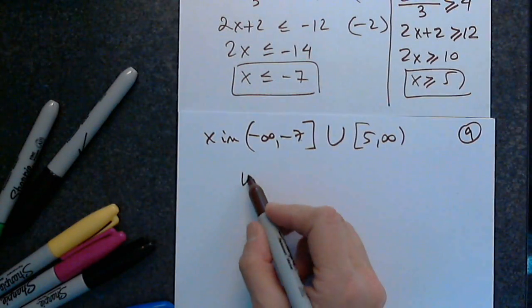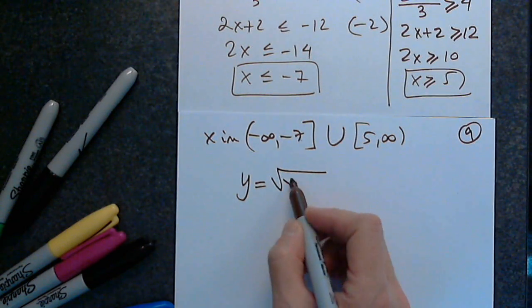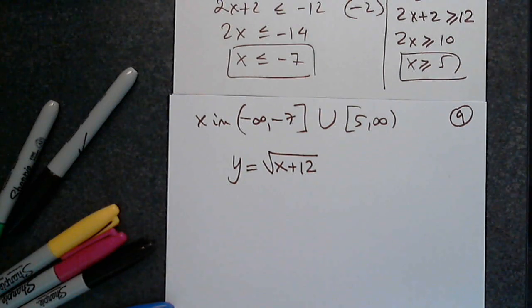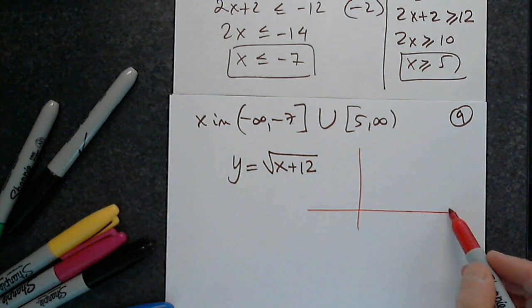We have an equation, y equals the square root of x plus 12. We're asked to determine whether the following equation defines y as a function of x. One option would be, which we normally don't do, to graph it.